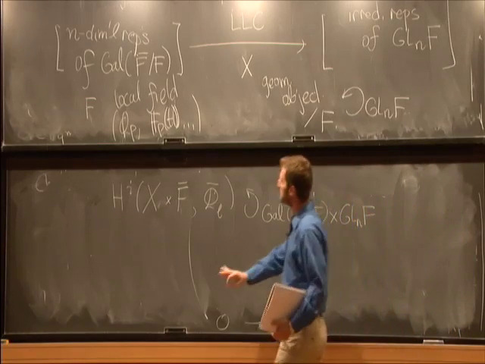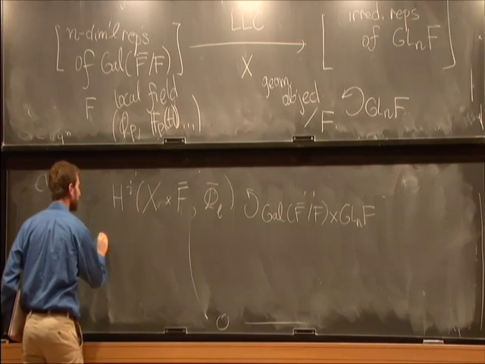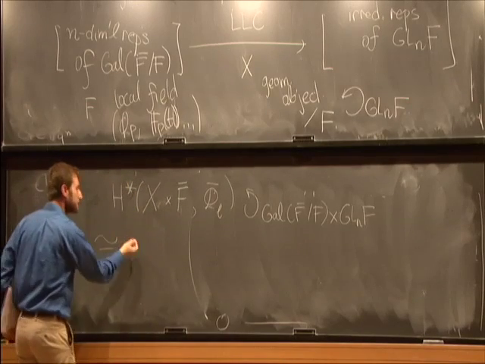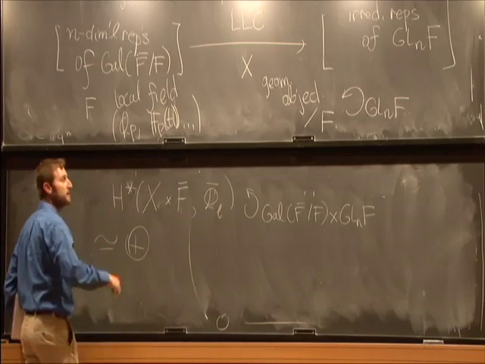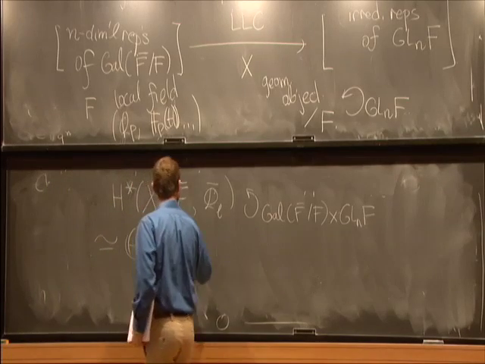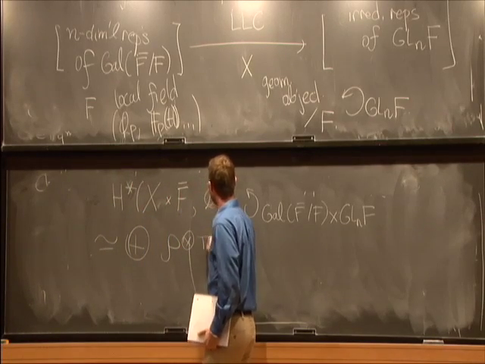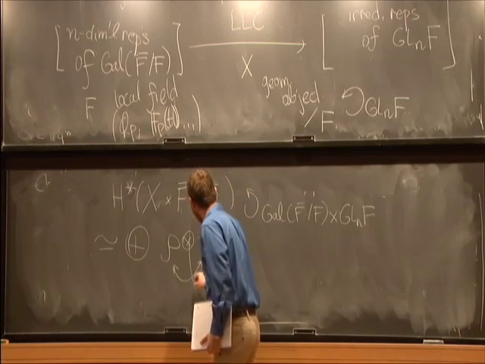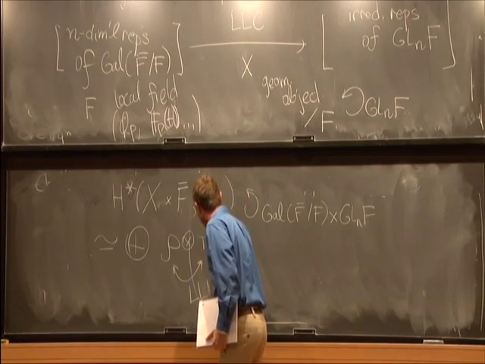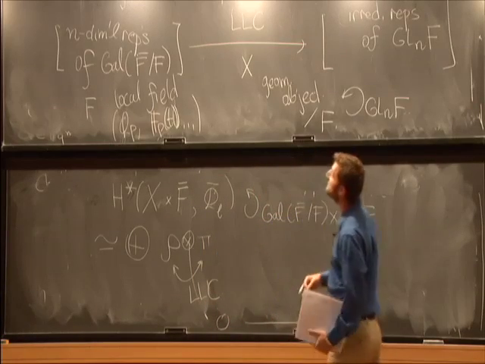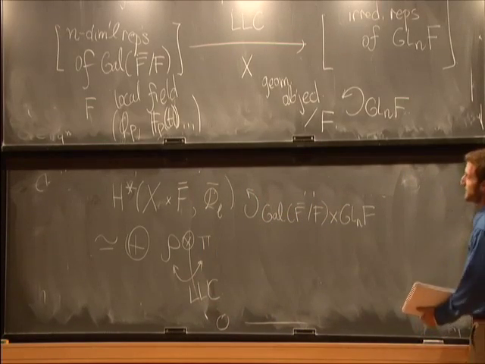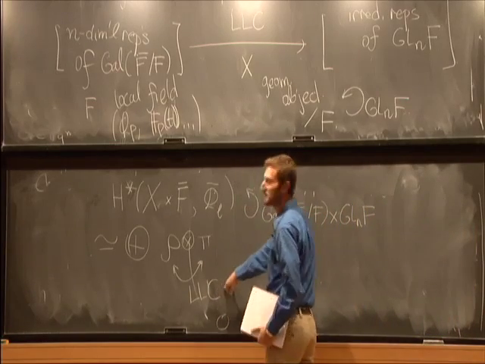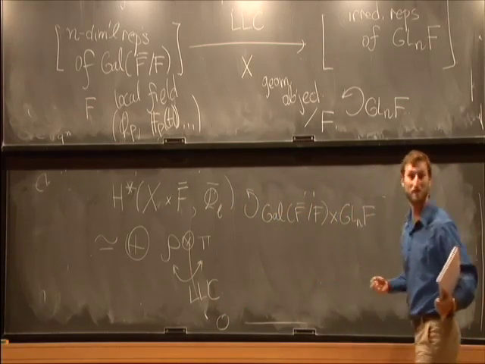They both act on a vector space. And very, very roughly, the idea is that if I take the Euler characteristic, this is going to be the direct sum over representations of the product group rho tensor pi, where these are related by the local Langlands correspondence. So in the decomposition of this big group, the local Langlands correspondence is manifested in the cohomology.